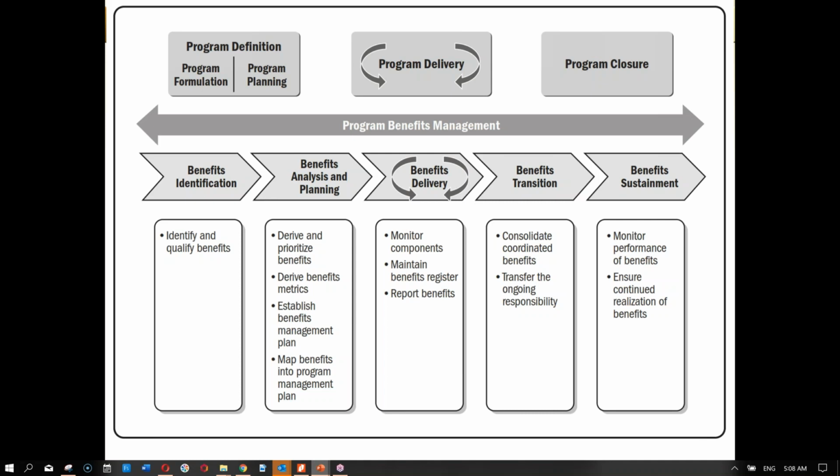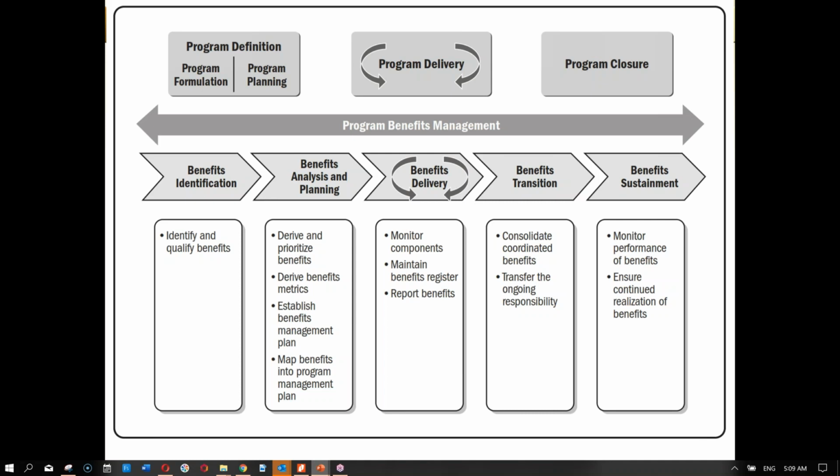Program planning means the program management plan. So this benefit management plan is going to be part of the program management plan. But mapping these benefits into the program management plan will continue during program delivery as various initiatives will start. So this mapping will continue.